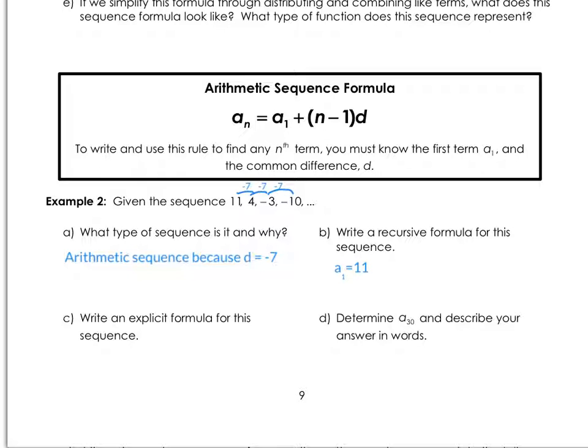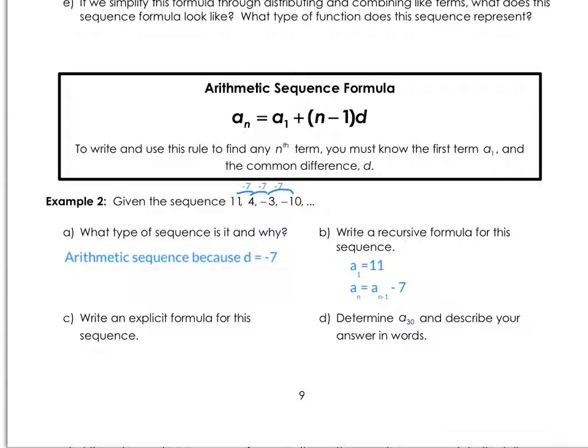And then we have to give a formula to find any term, a sub n, equals, and we have to use the previous term. To get from one term to the next, we subtracted 7. So a sub n equals a sub n minus 1, that just means previous term, remember, and then minus 7. So that's a recursive formula I could use to find any term.